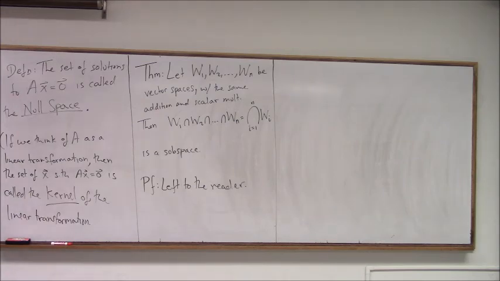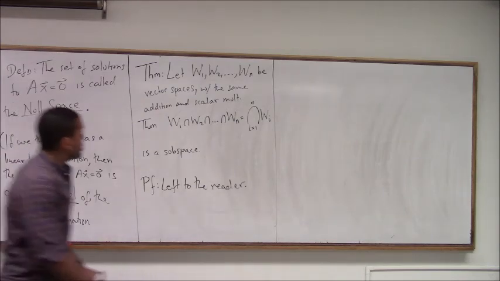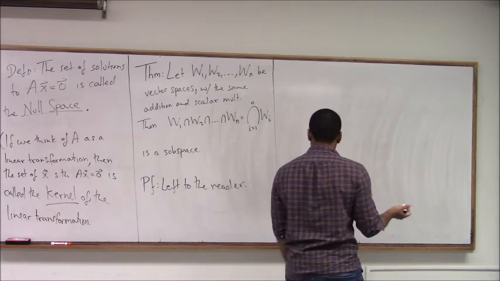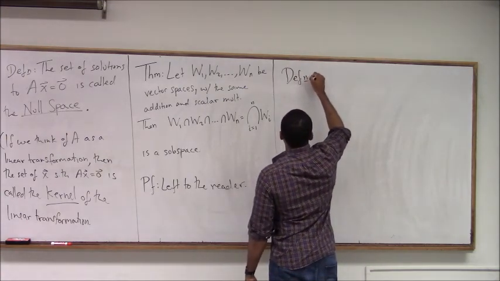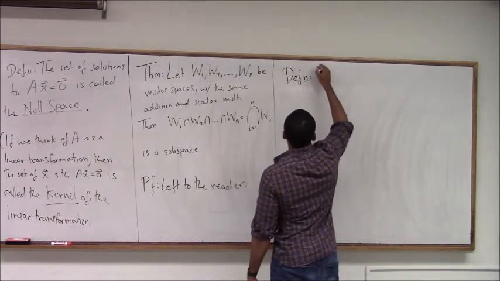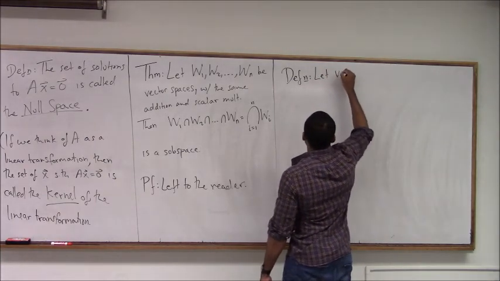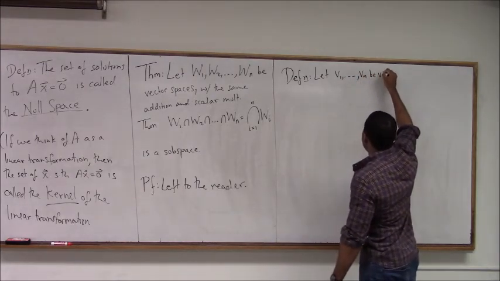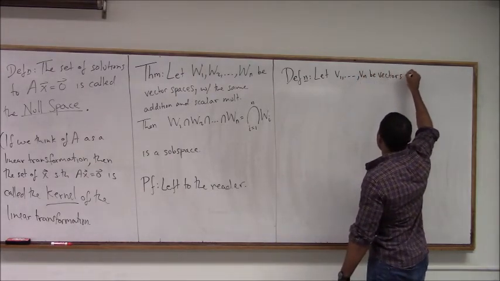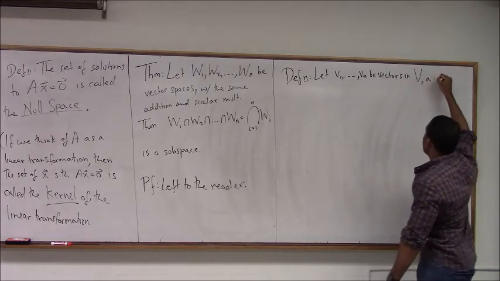Oh, here's an important definition. Linear combination. I believe I defined this for you before. So let V1 up to Vn be vectors in V, a vector space.